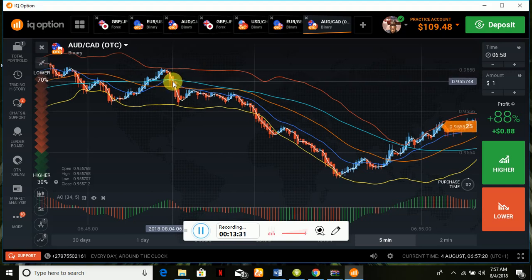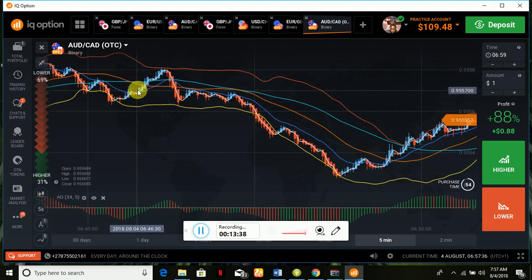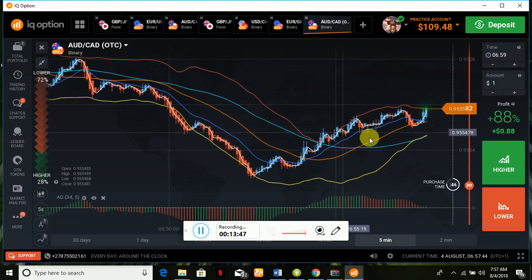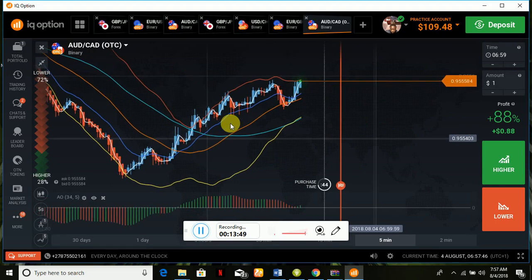As you can see here, you would have sold here as well. In this case, since it went above here, you would have bought here. I don't know if you would have won or lost, but it looked like it was a very short trend.